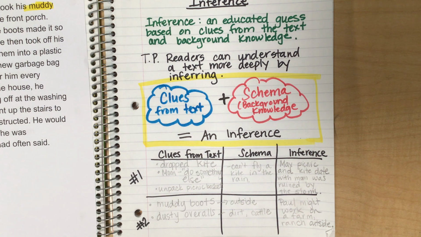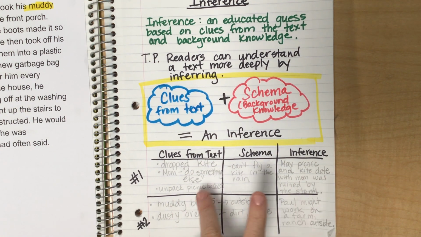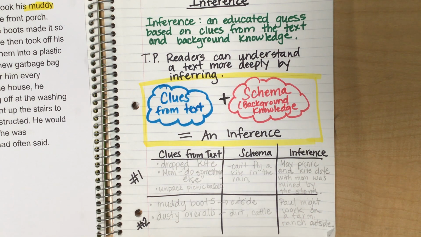So readers, today I want you to go into your Google Classroom after this assignment, and you're going to make an inference based on the passage that I put up there. You're going to take clues from the text and your schema, and you're going to draw a conclusion or make an inference based on the clues and your background knowledge. Okay, readers, off you go to make your inferences.